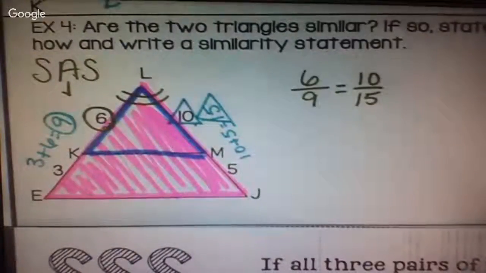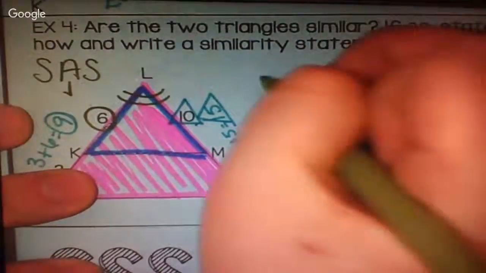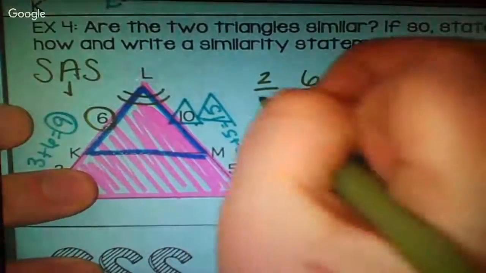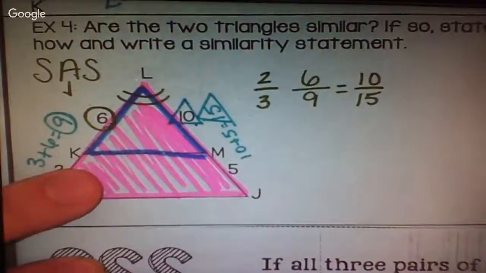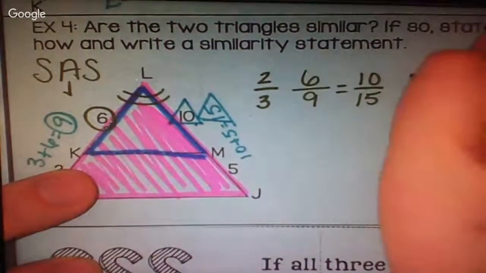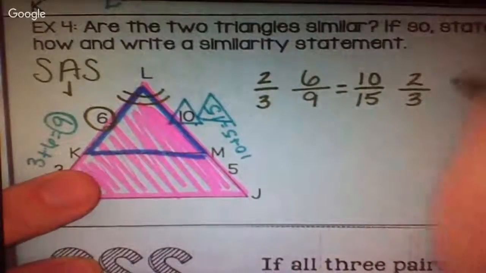Okay, so let's try Bobo's way. What is 6/9 divisible by? 3. Each time we can divide by 3. So 6 divided by 3 takes me to 2, and 9 becomes 3. What can I divide 10 and 15 by? 5, which leaves me with 2 and 3. Does 2/3 equal 2/3?